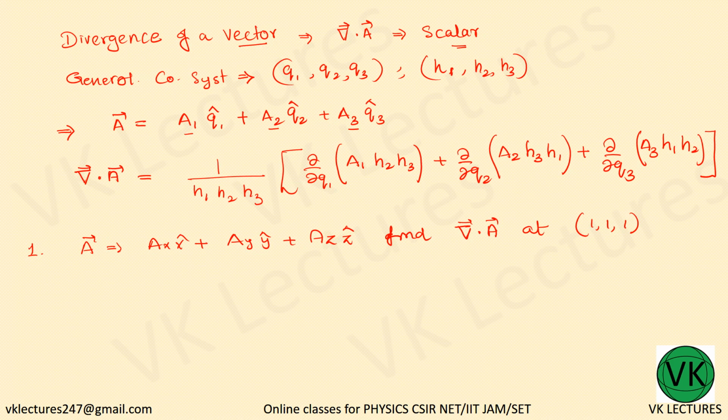So this is a Cartesian coordinate system. By looking at the unit vectors, I can understand that the vector is in a Cartesian coordinate system. So let us start with 1 by h1 h2 h3. For the Cartesian coordinate system, h1 equal to 1, h2 equal to 1, h3 equal to 1.